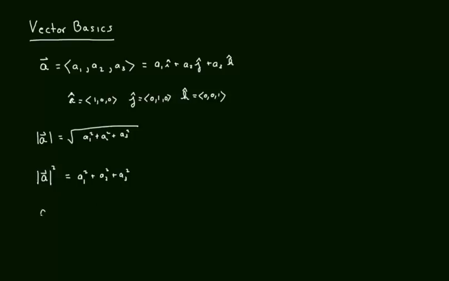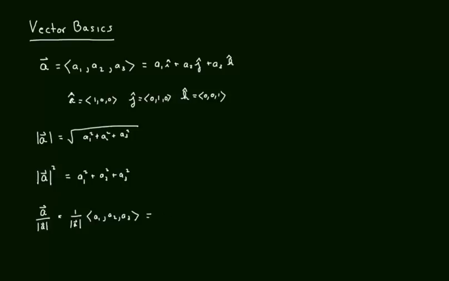Can you guess what this is going to represent? Vector A over the magnitude of vector A. Maybe we'll write it like this: 1 over magnitude of A times our vector A1, A2, A3. What does this give us?